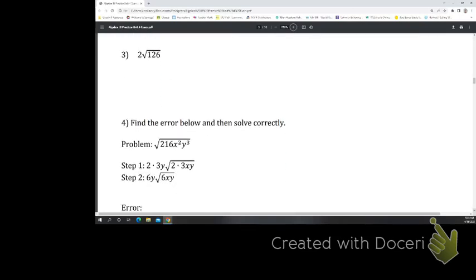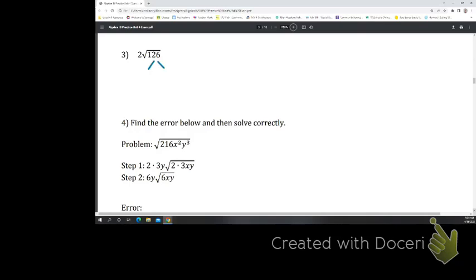And then 2 times radical 126. So we need to break down 126 first, and then see if there's things that we can combine with what's in the radical. So 9 goes into 126. I believe that was the largest.